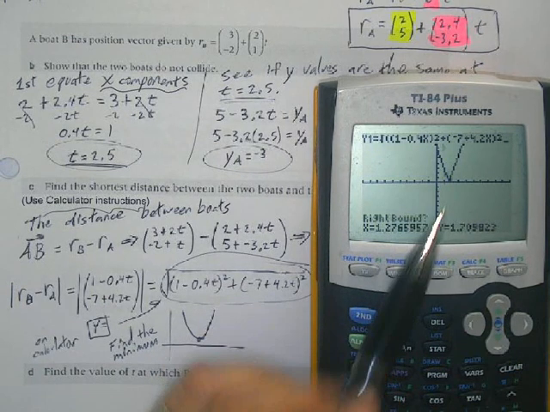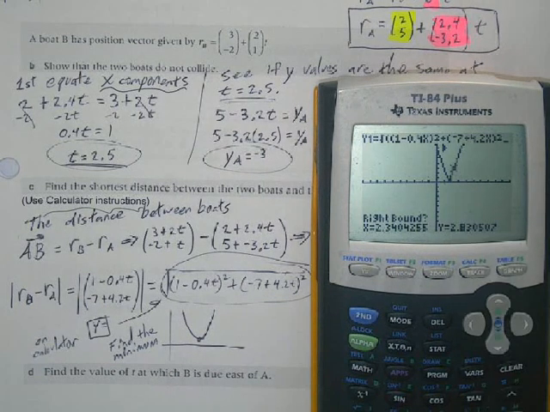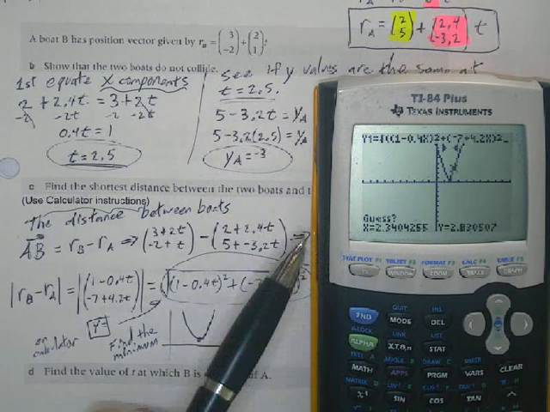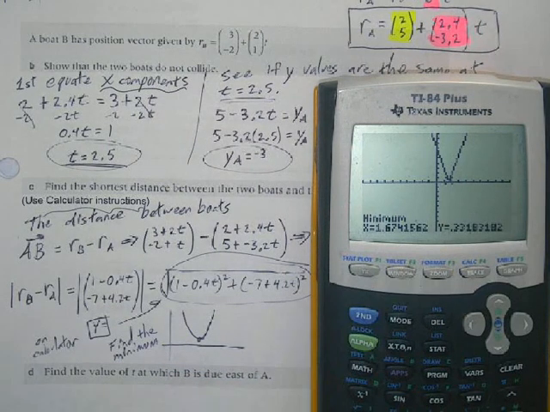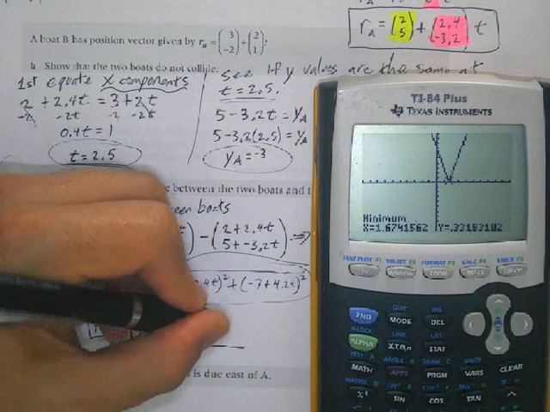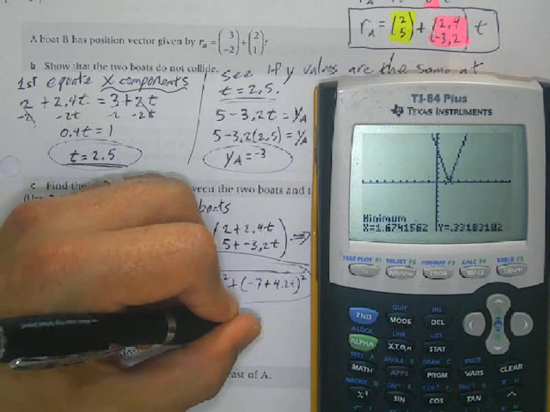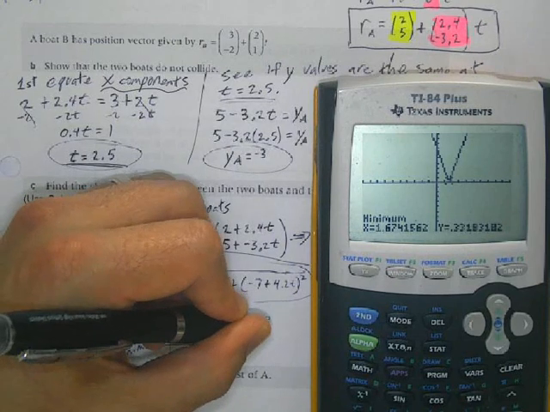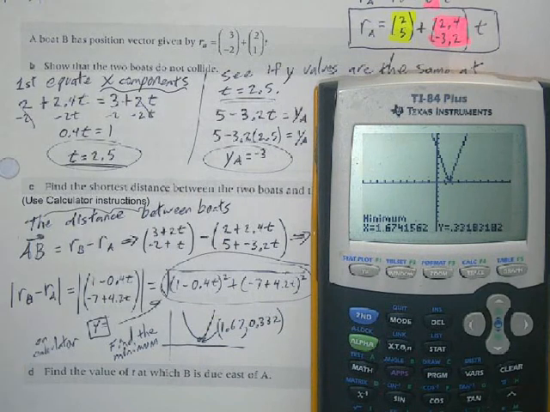That says right bound. I'm going to go to the right side. Enter. I hit enter, and now it tells me the minimum is this coordinate. So the minimum coordinate is 1.67, comma 0.332.